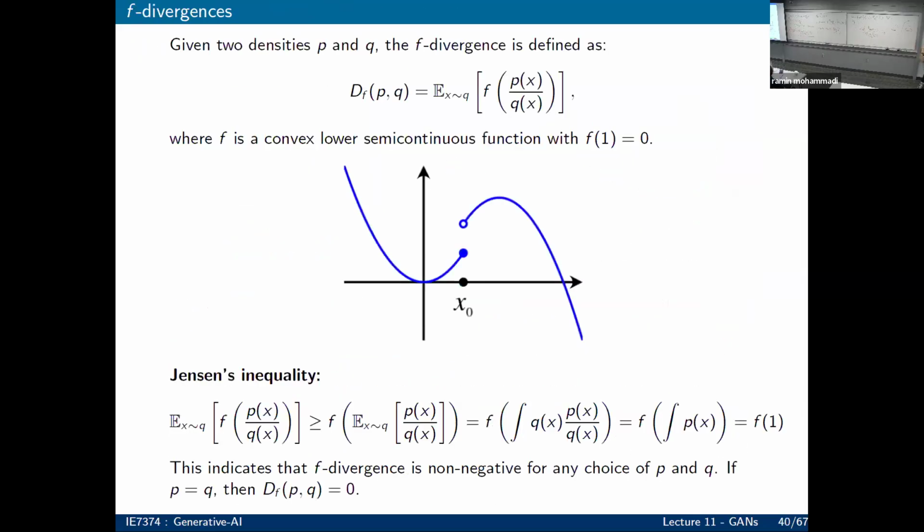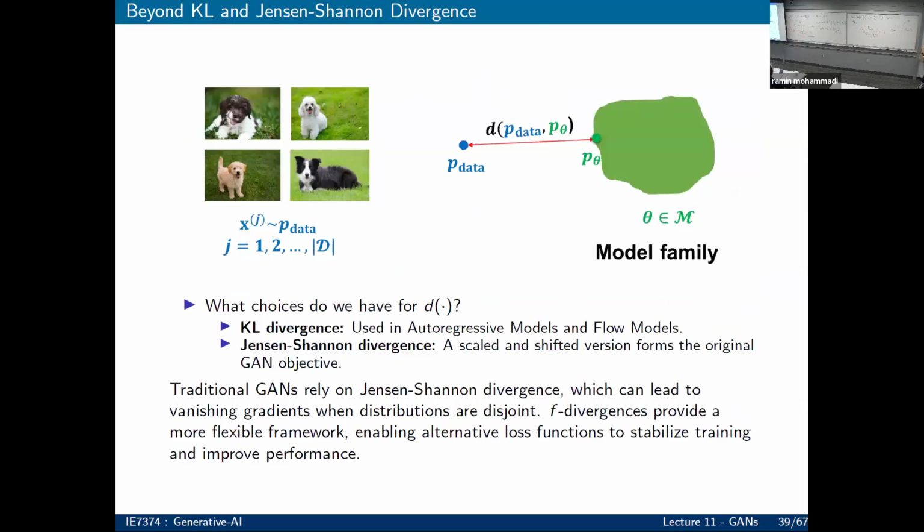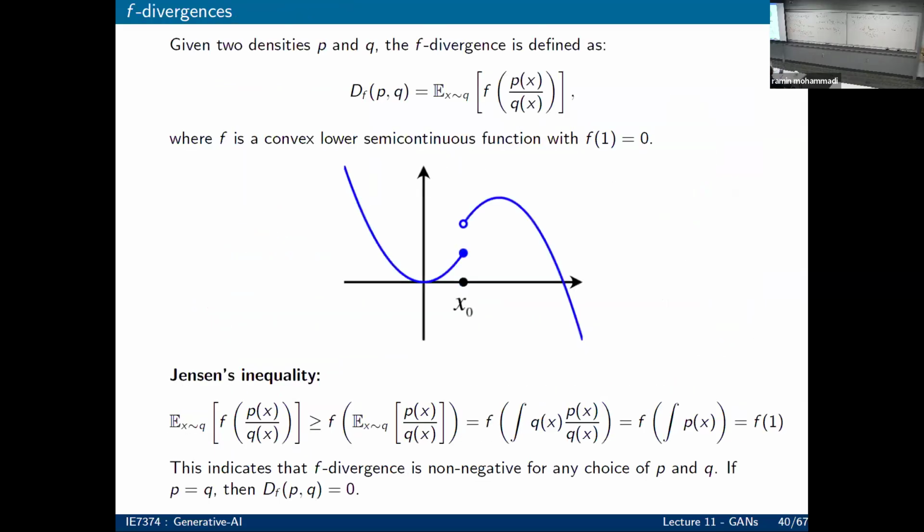Now, the solution is that, instead of Jensen-Shannon divergence, let's use something else called F divergence. F divergence is a new type of divergence that we're going to learn today. In the KL divergence or Jensen-Shannon divergence, you had an expectation over P(x) and Q(x); in KL, you didn't have this f. In F divergence, you have this function f that sits behind that value.